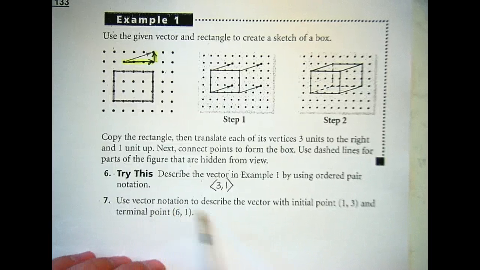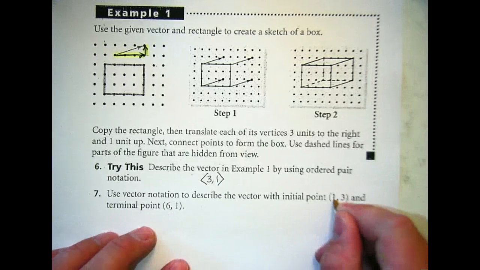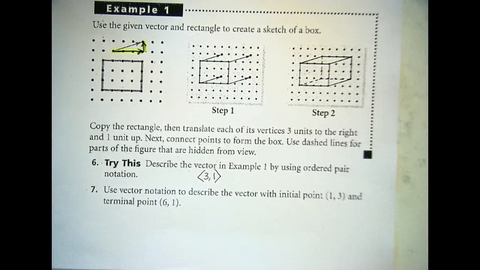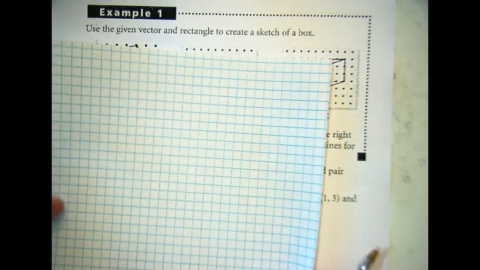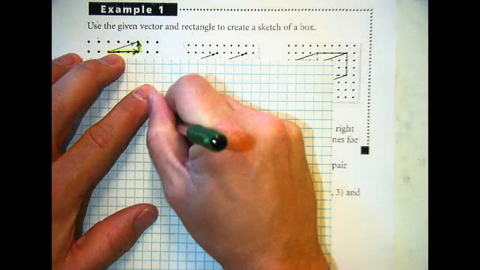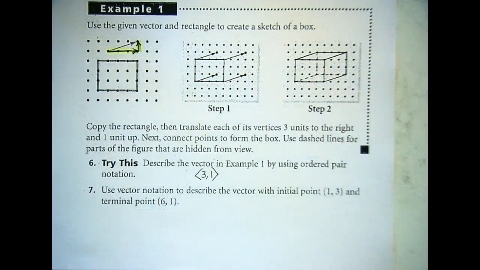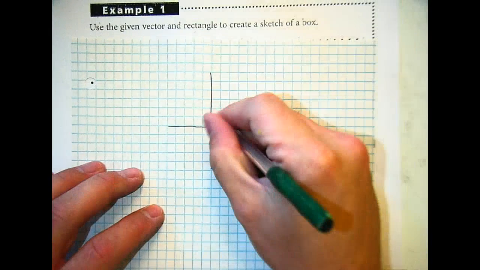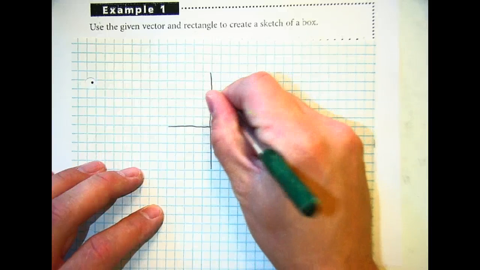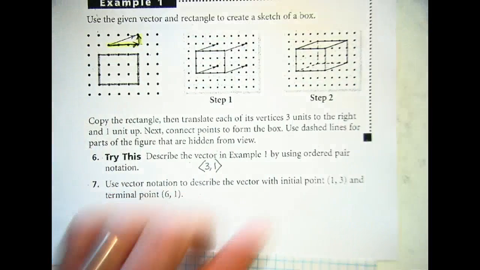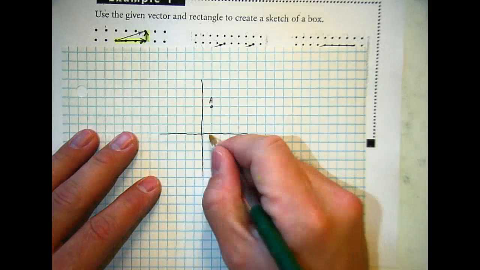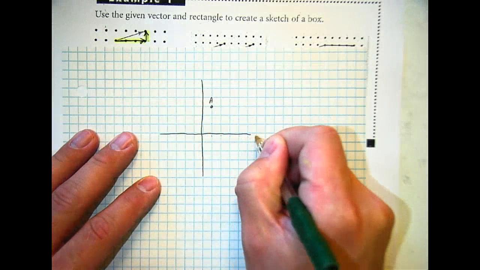You use vector notation to describe. You start at 1, 3. So if I had a grid, which just so happens I have one, and I put a point on that grid at 1, 3. That's my initial point. And it terminates at 6, 1. 1, 2, 3, 4, 5, 6, and 1.